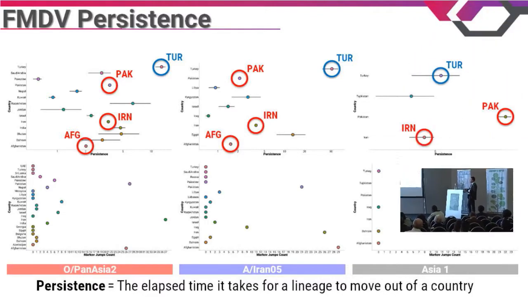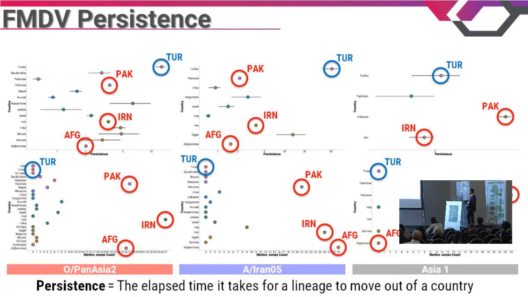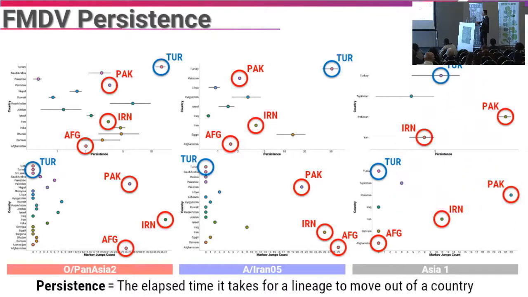And of course, if you consider the jumps that the lineages are taking in the Middle East, Afghanistan, Iran, and Pakistan have a lot of movement out of the country, where you can experience 2-3 lineage movements out of the country every year, whereas nothing is coming out from Turkey. So basically, Turkey is receiving everything from the Middle East system, and can be considered a dead end host of evolutionary lineages.